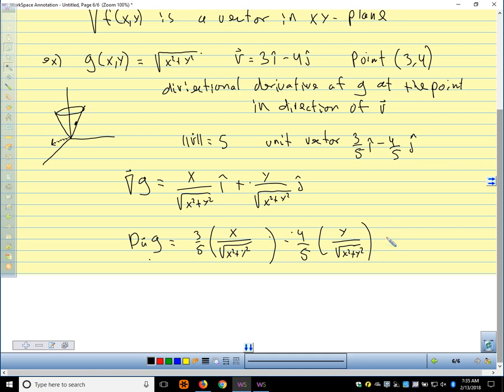We made this the unit vector in the direction of v. So with this notation, you always use your unit vector. And at our point 3, 4, del g dot u is, I plug in 3 and 4, 3/5 times 3/5 minus 4/5 times 4/5, which is negative 7/25.